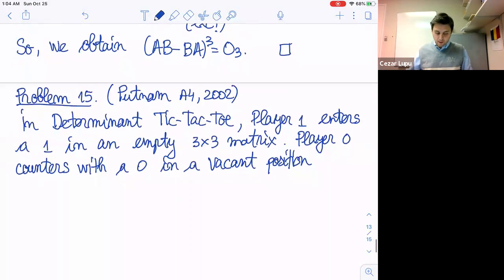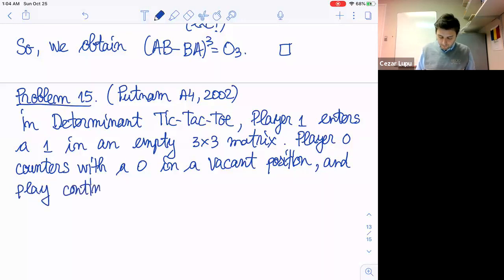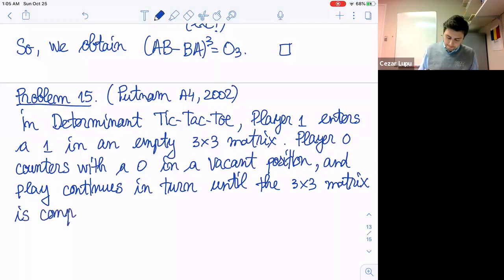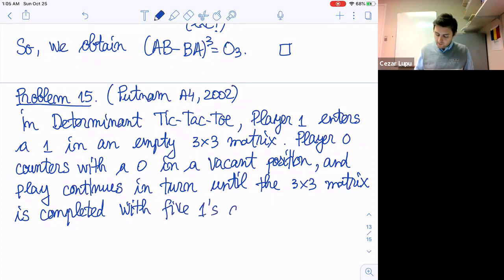right? And the play continues in turn until the 3 by 3 matrix is completed with 5 ones and 4 zeros.